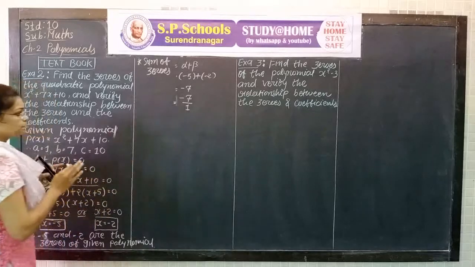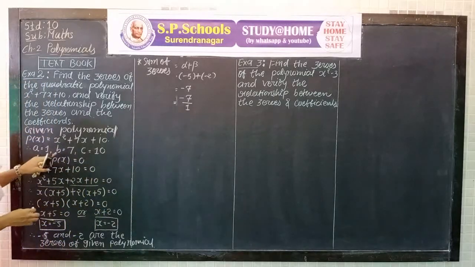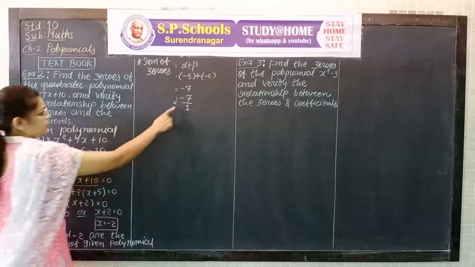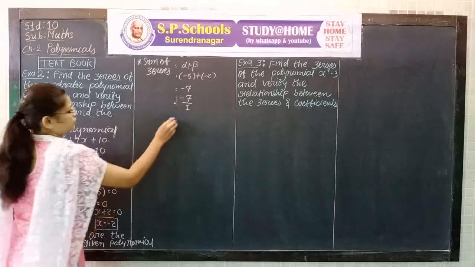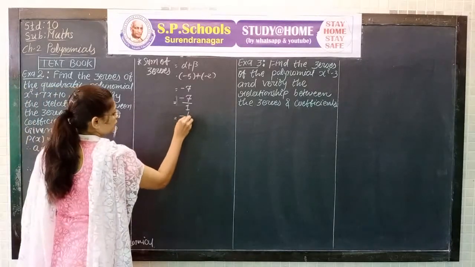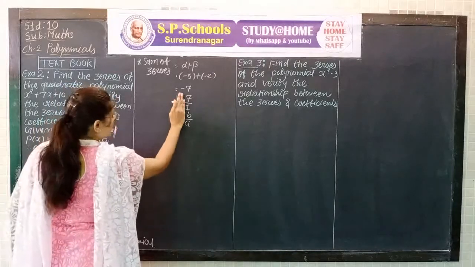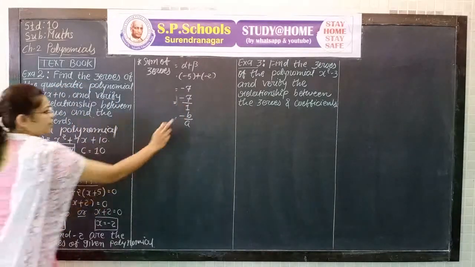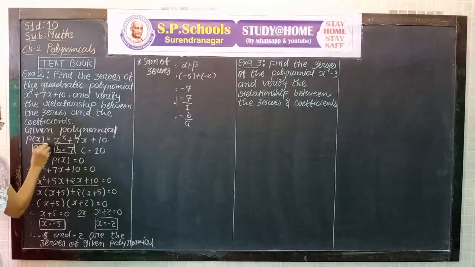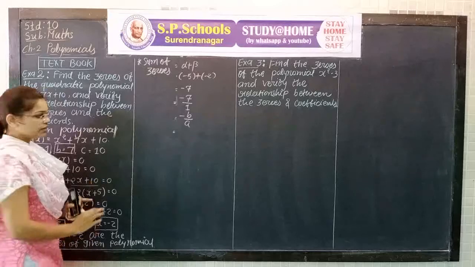Before writing minus b upon a, see the coefficient. b is 7, yes, minus 7, and a is 1. And write here minus b upon a, minus as it is. Instead of 7 is b, and instead of denominator 1 is a. But what is a and what is b?